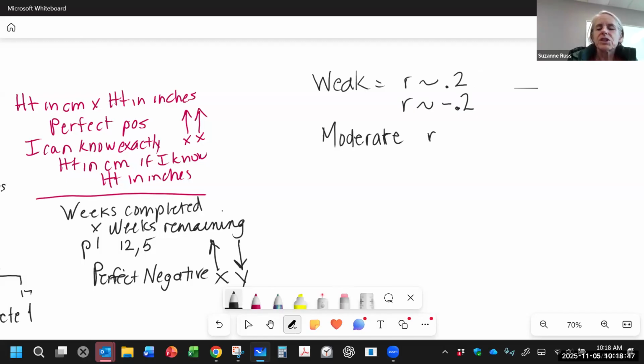If we have a moderate relationship, r is going to be approximately equal to 0.5 or approximately negative 0.5.